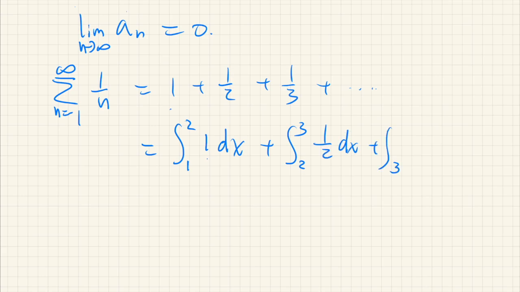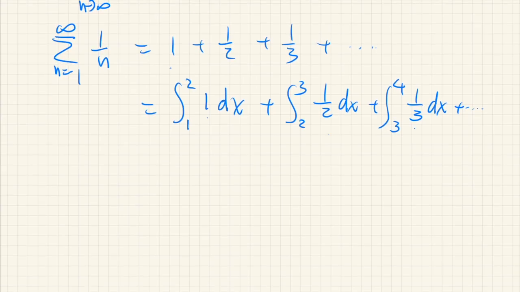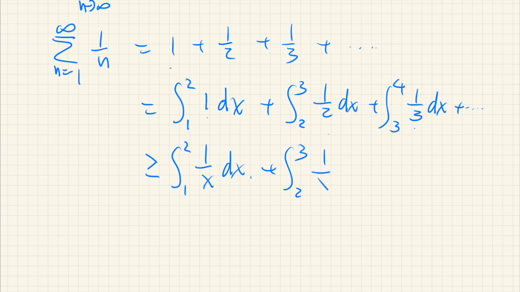From 3 to 4, 1 over 3 dx, and so on. So far so good. These are just constant functions. And this is greater than or equal to the integral from 1 to 2 of 1 over x, from 2 to 3 of 1 over x, and from 3 to 4 of 1 over x dx, and so on.